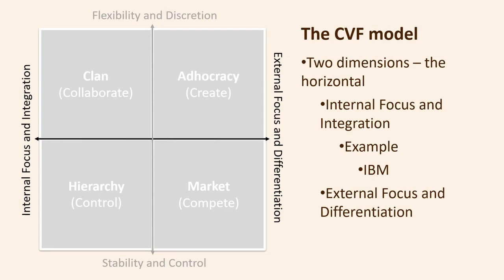IBM has traditionally been recognized for a consistent IBM way. Other organizations are judged to be effective if they are focused on interacting or competing with others outside their boundaries. For example, Toyota and Honda are known for thinking globally but acting locally.